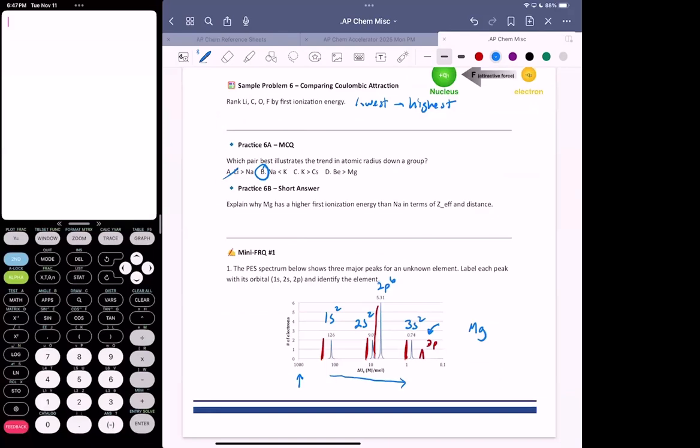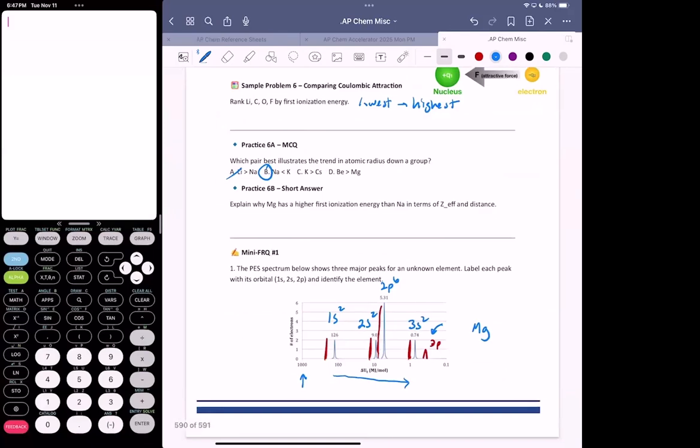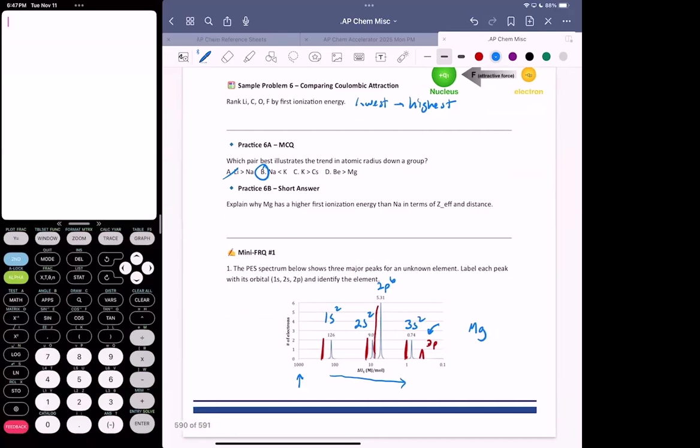Because it's at a greater distance from the nucleus, even though aluminum has a slightly larger effective nuclear charge, and because the 3s orbital may be doing some shielding between the 3p orbital and the nucleus, it's going to take less energy to remove the one 3p electron from aluminum than the 3s2 electron from magnesium.